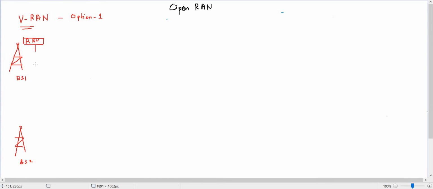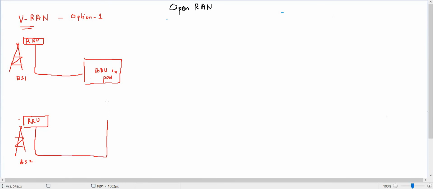This RRU will be connected to your BBU pool. Again, this is the RRU of base station 2. We have connected it to the BBU pool, and this BBU pool is connected to the core network.